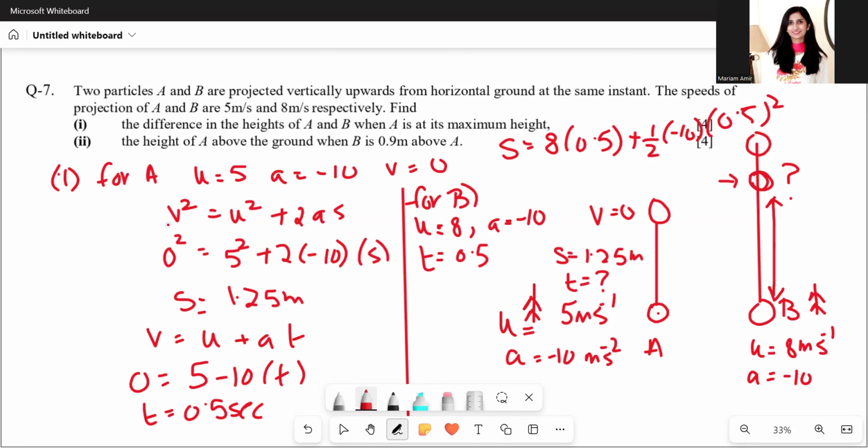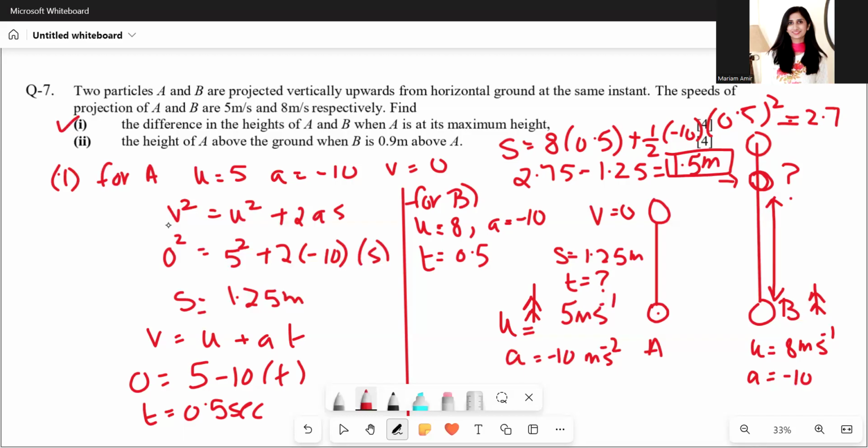This gives us 2.75. And now we find the difference of both the heights. 2.75 minus, sorry, not 0.5, 1.25. This gives us 1.5 meters. So 1.5 meters is the answer for part 1.